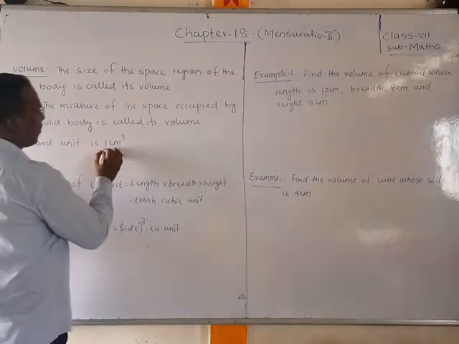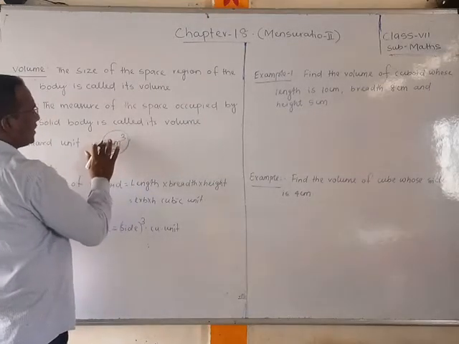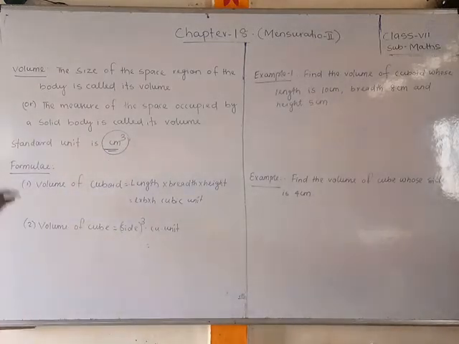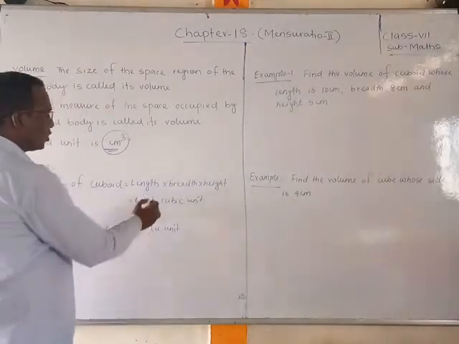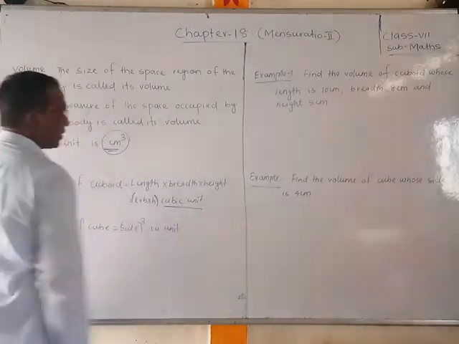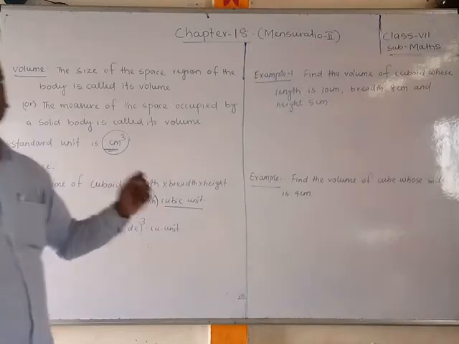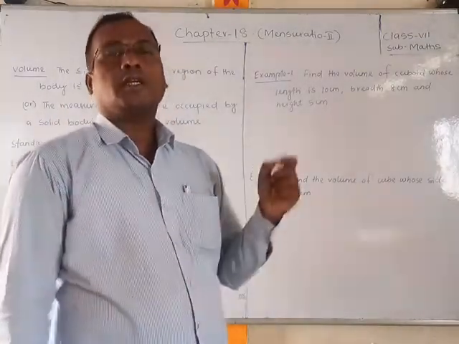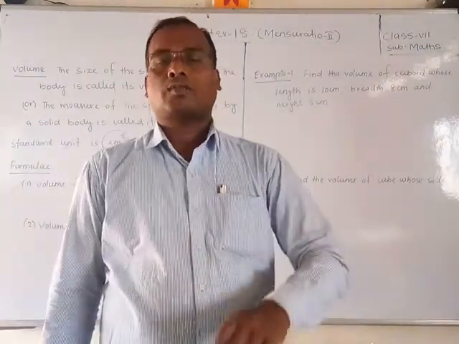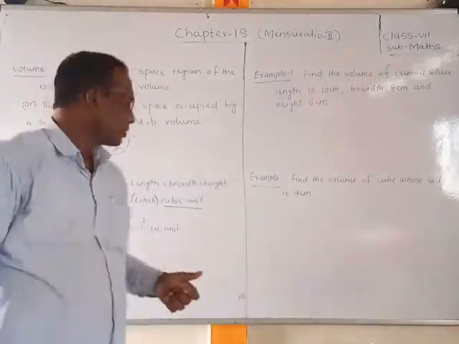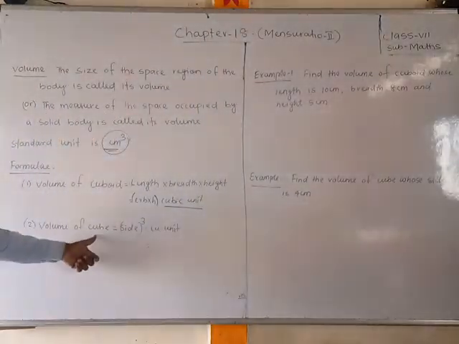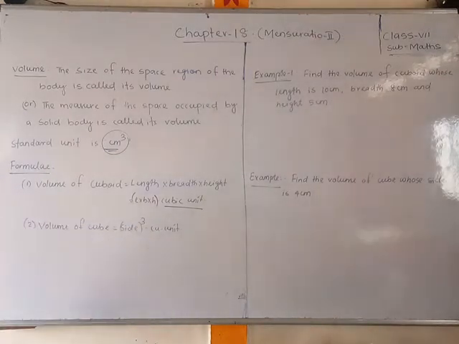Whenever we write a volume, we write cm cube. And the formula, friends: volume of the cuboid is equal to length into breadth into height, or LBH cubic units. Don't forget to write the units whenever you find any area or volume. And the volume of the cube is equal to side whole cube cubic units.